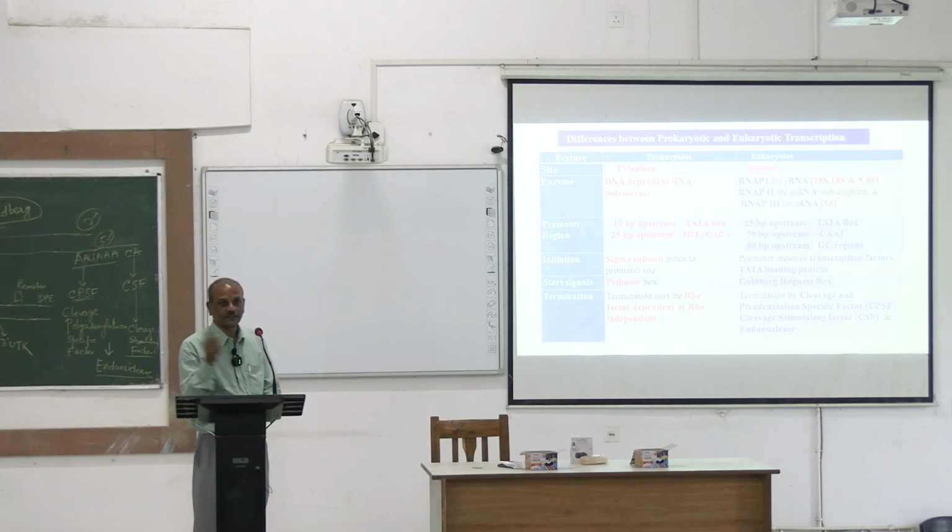The start signal, the TATA box, is known as the Pribnow box. In prokaryotes, the same thing is called the Goldberg-Hogness box. This is here 25, 25 base pairs upstream; 70, 75 base pairs upstream, I have written for your understanding. And then termination. As I told you yesterday, it was rho dependent or rho independent.